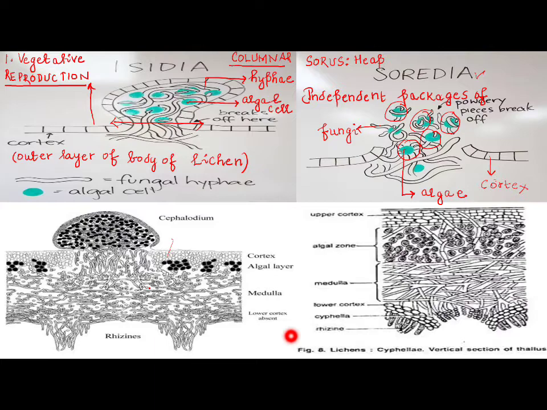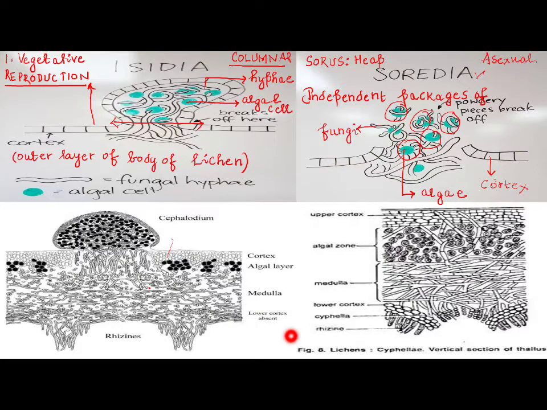Small packages of algal cells and fungal hyphae independently will heap up below the cortex, and when they heap up enough, the cortex breaks open to release these independent packages, unlike Isidium. So Soredia is an asexual reproductive structure. This also does not have anything to do with exchange of gases.